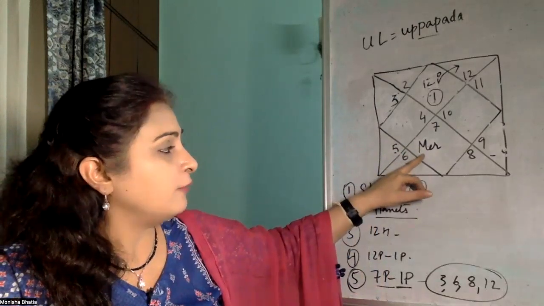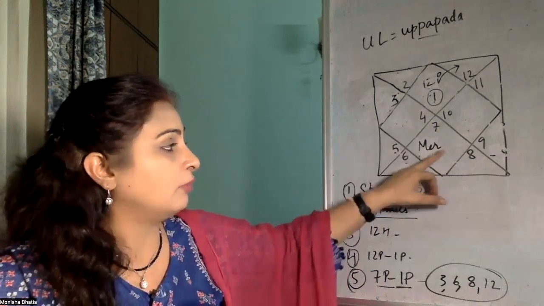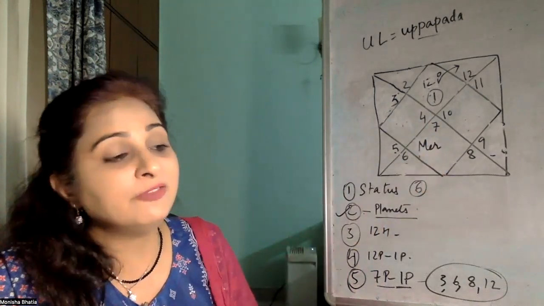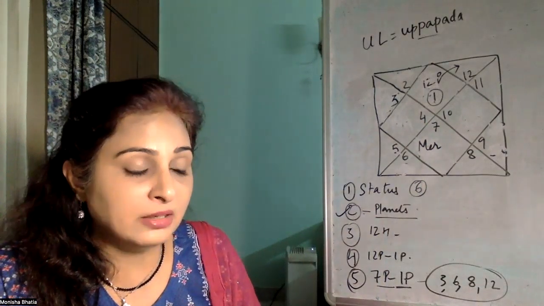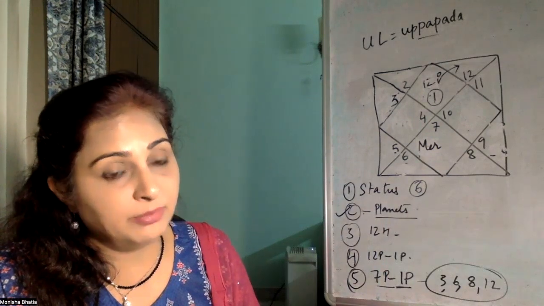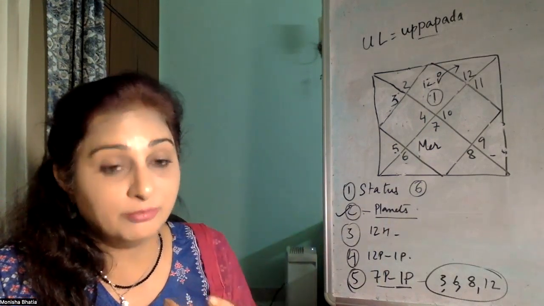So you have to keep in mind, if Mercury is having any aspect of Moon, or Moon is sitting with Mercury or in trines to it, then it will mean that the partner or the native may not be very dependable. Sometimes it is casting its impact on the native majorly.